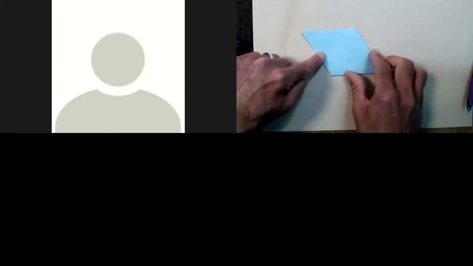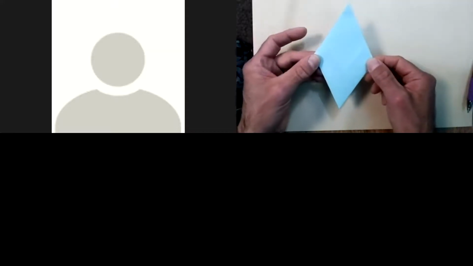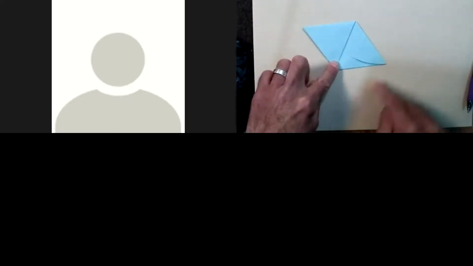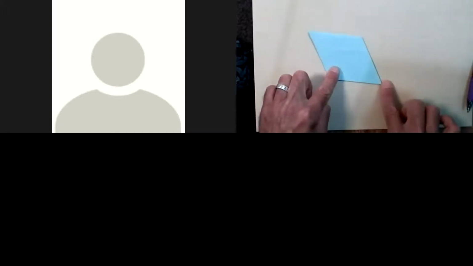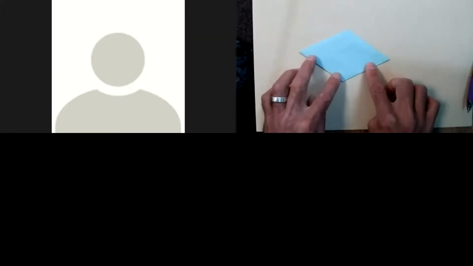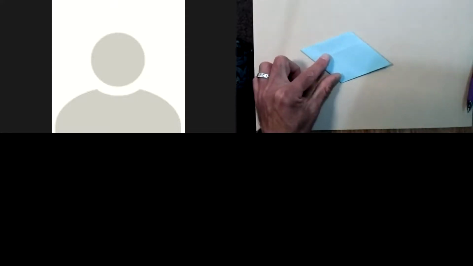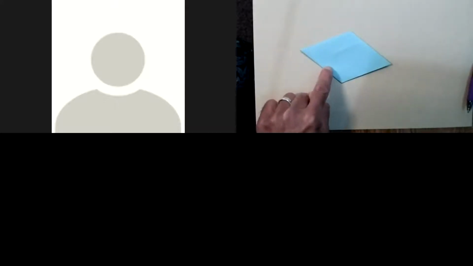However, since this parallelogram is made up of these equilateral triangles here, that means each edge of this parallelogram is the same. So I could say this is an equilateral parallelogram. A better name for an equilateral parallelogram is a rhombus.